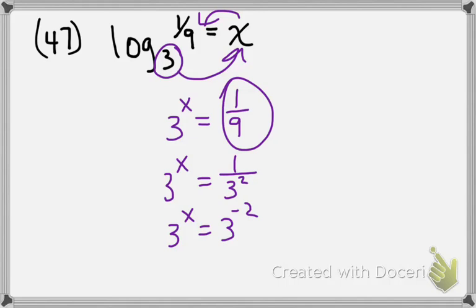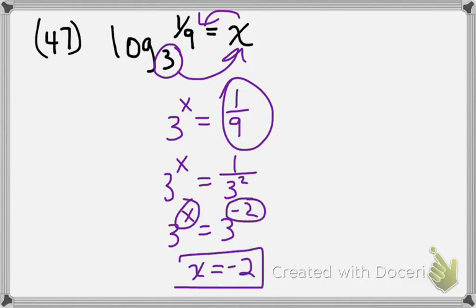So once I get to this format, it says 3 to what power equals 3 to the negative 2. So the x and the negative 2 have to be equal to each other. So that gives us our solution. So 3 to the negative second power would give me 1 over 9.